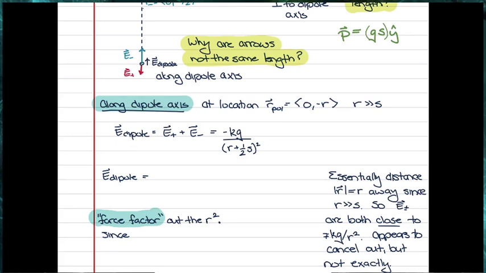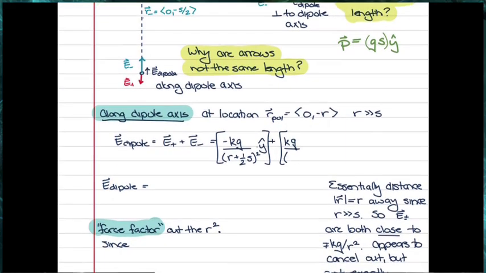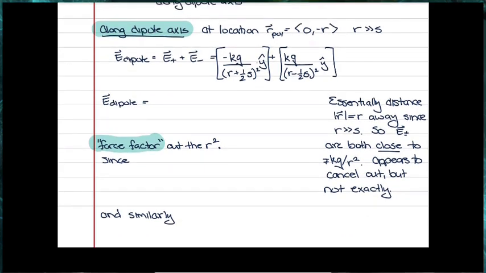And then the electric field from the negative charge is going to be plus, because it's going to point up. All this is multiplied by y hat. So that's the electric field from the positive charge, and the electric field from the negative charge is k q, and then the negative charge is a little bit closer, because it's right below the origin, so this is r minus s over 2, or 1/2 s, squared, times y hat. So in this case, I'm going to do some factoring.